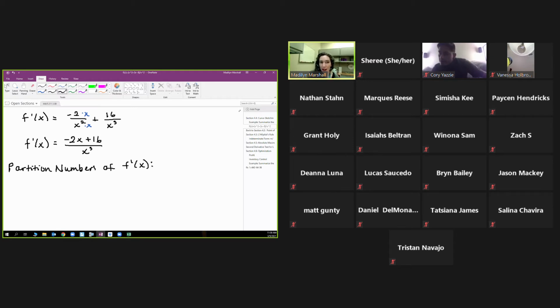So what are partition numbers? What are we trying to find when we're trying to find partition numbers? Where f prime changes signs. Not necessarily. It is often the case, but not always.